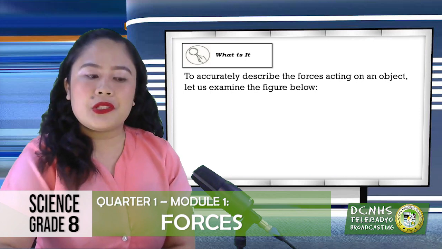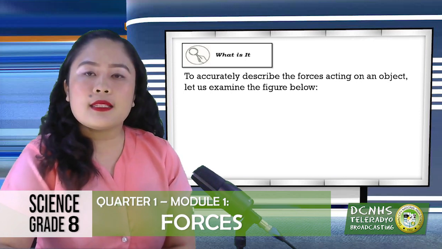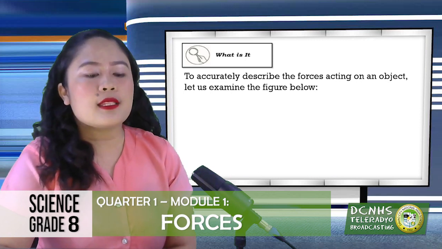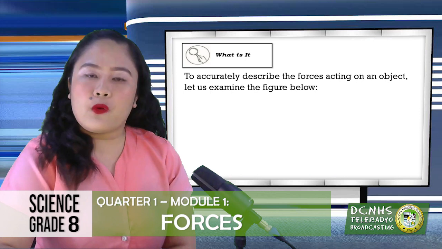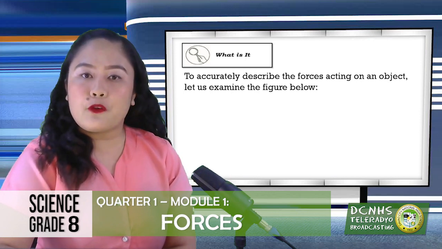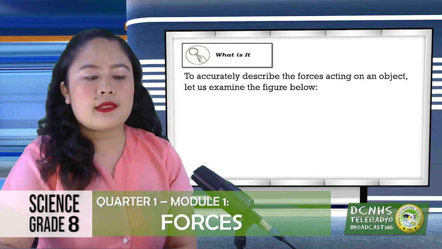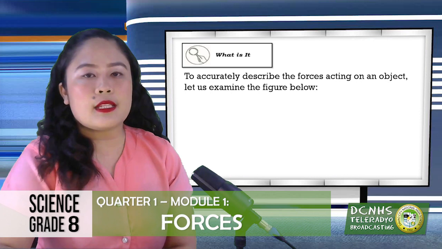You are also introduced to two types of forces, namely contact force and non-contact force. To describe a force, you must also be familiar with balanced forces and unbalanced force, as well as net force or resultant force.